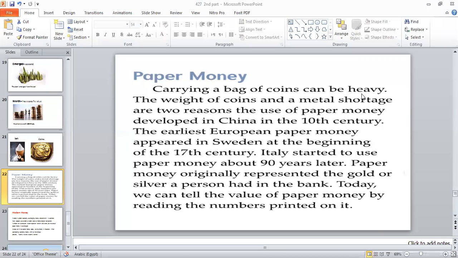Because a bag of coins can be heavy. Yeah, because the coins were somehow heavy. So they thought about a new kind of money which may be not heavy like the coins. And they invented the paper money, right?